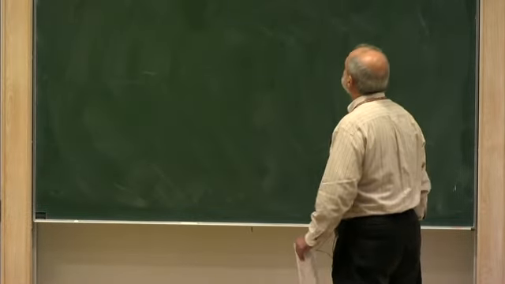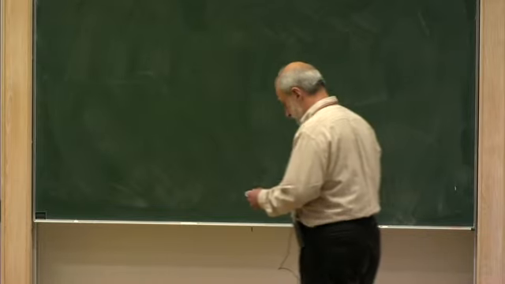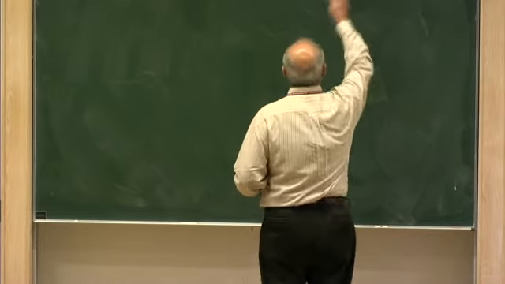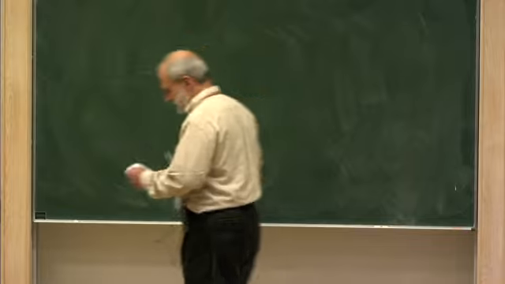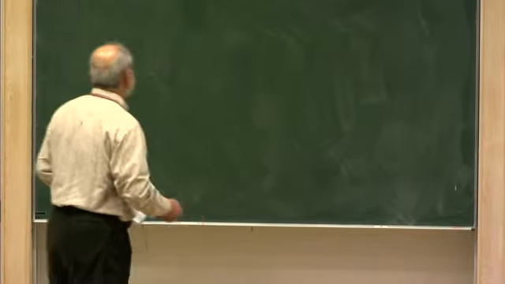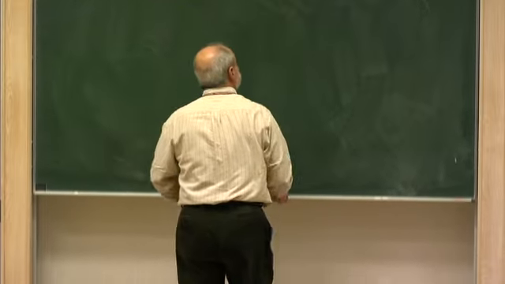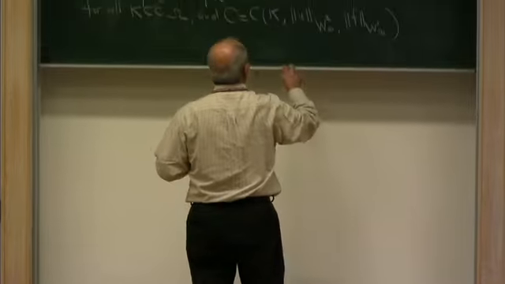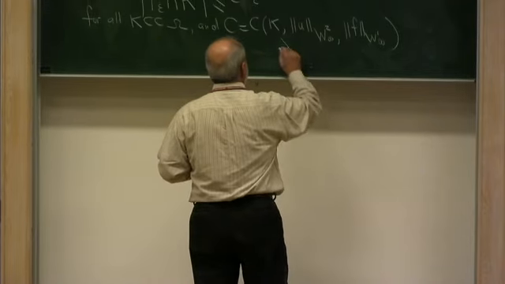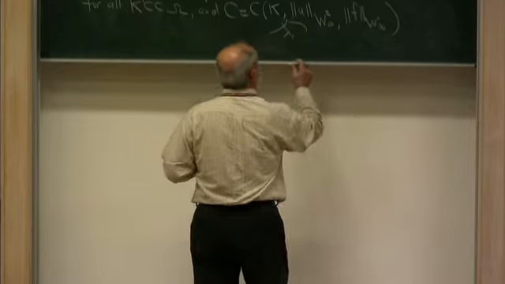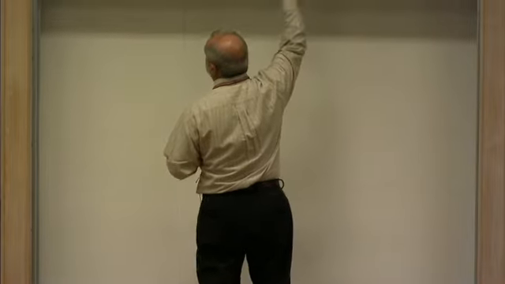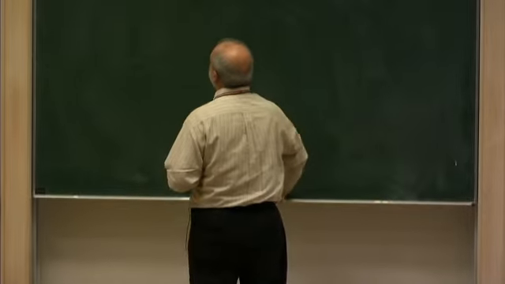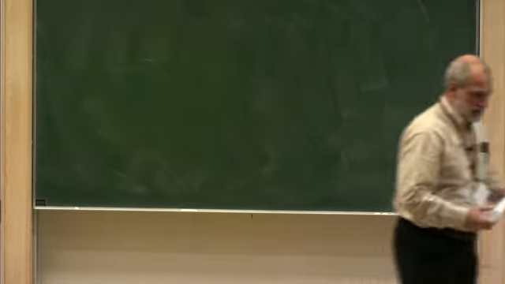Certainly I forgot there is a lambda dependence on the C, otherwise this would not be true. So let me write it down. So that's the first result I wanted to mention.